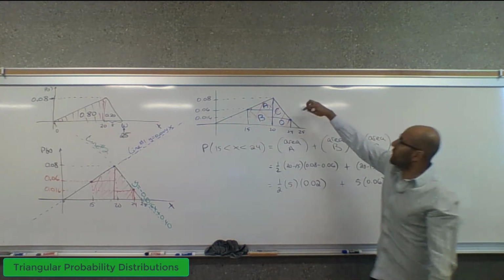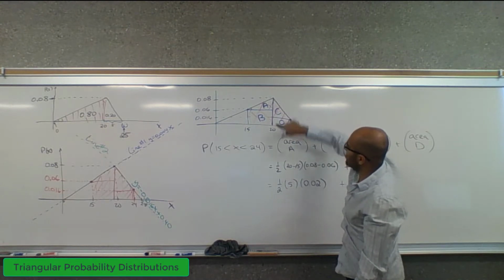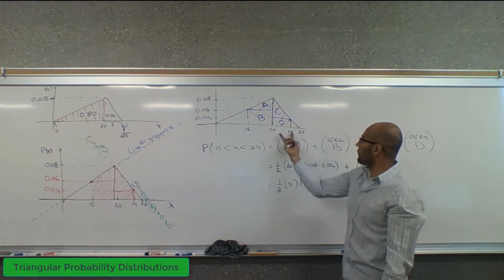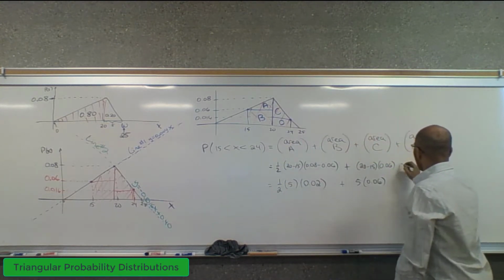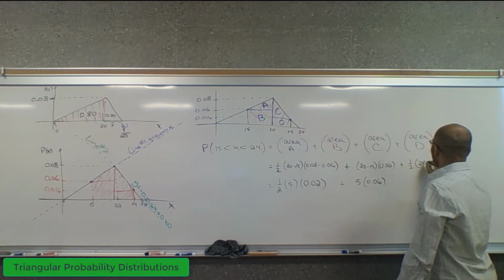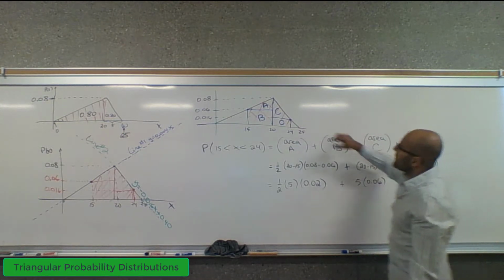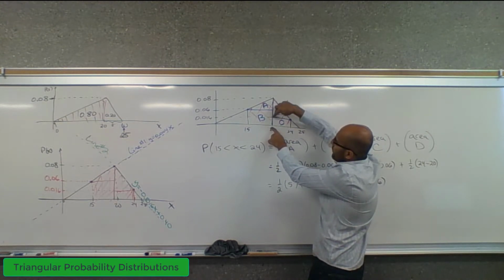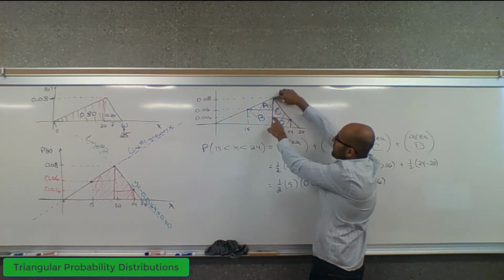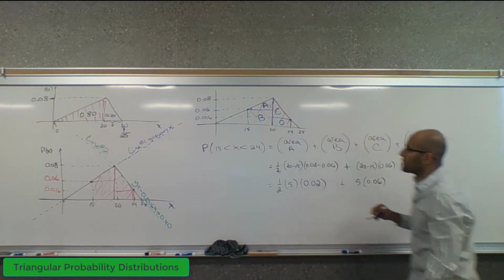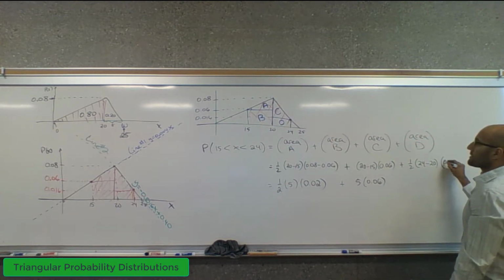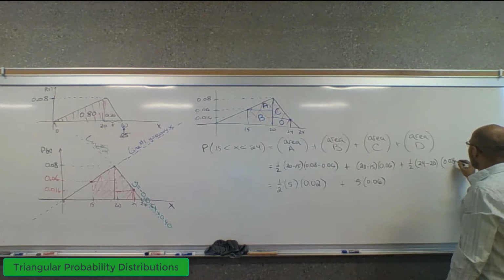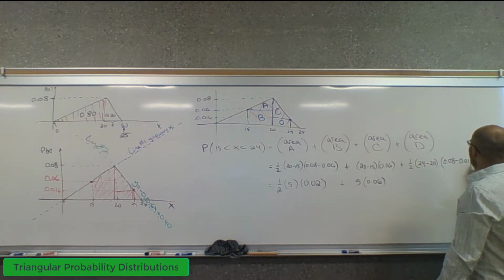Area C is another triangle. The base is going to be 24 minus 20, or 4 units. So plus 1/2 times 24 minus 20, or 4 units. And its height, again, this was 0.08 there. This is 0.016 there. So that means its height is the difference between the two. So it's going to be 0.08 minus 0.016.